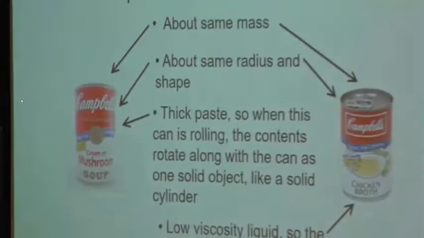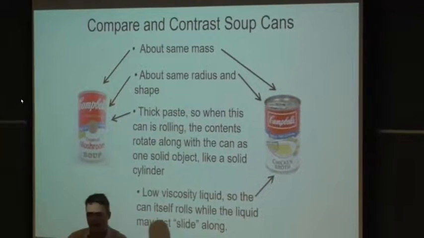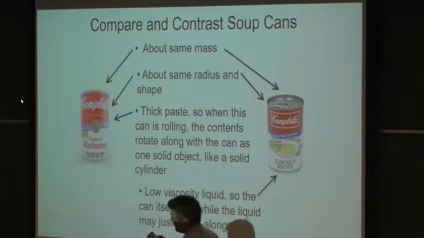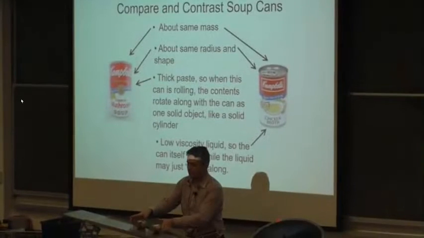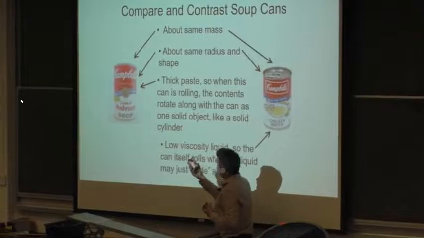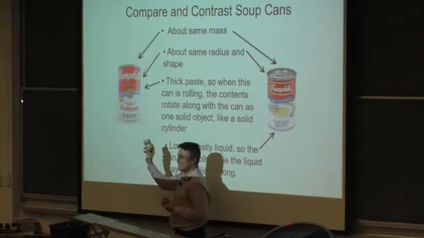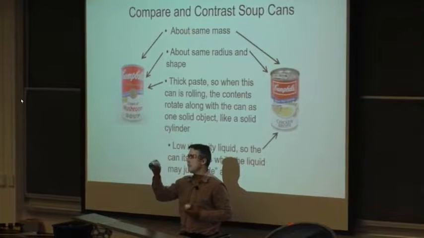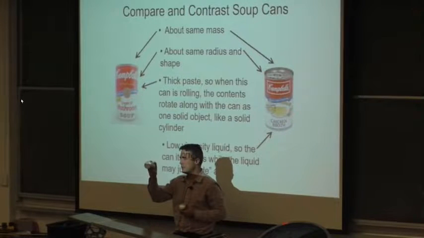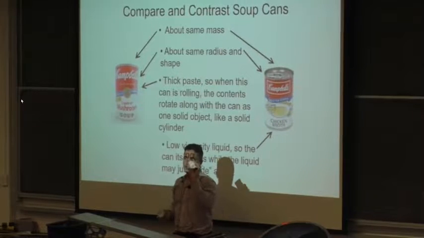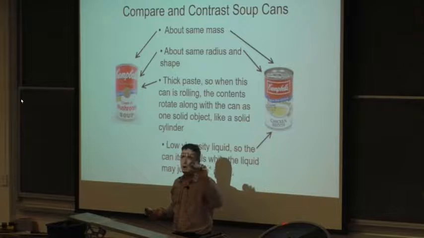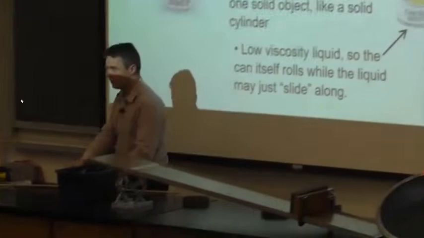So I think the difference is they both have about the same mass and about the same radius, shape, and all that stuff. But the mushroom soup is this thick, sticky paste with high viscosity, and it's going to stick to the edges of the can. Whereas the chicken broth is just like water. It has very low viscosity and will not stick to the edges of the can.